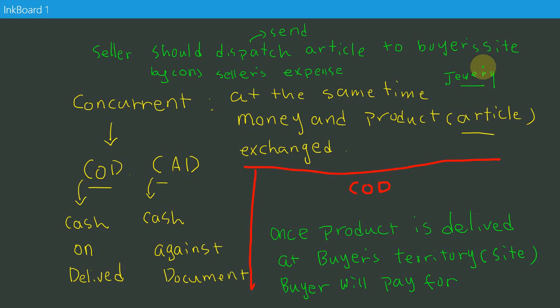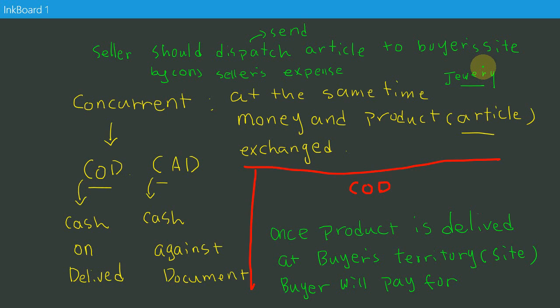In this case, after checking the product, the buyer would like to purchase it. Where a severe and detailed check is required, this method, COD, is usually adopted.